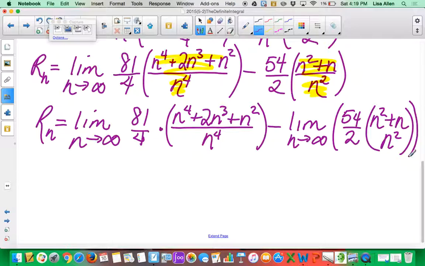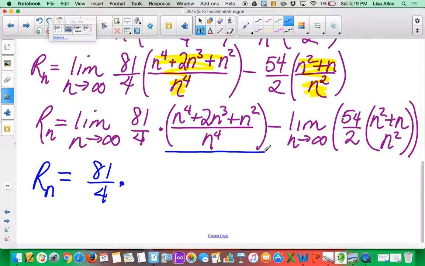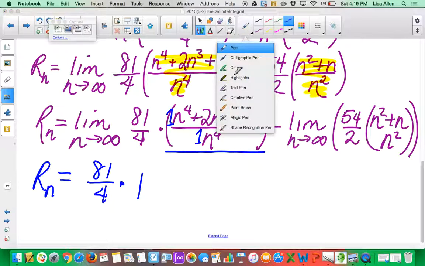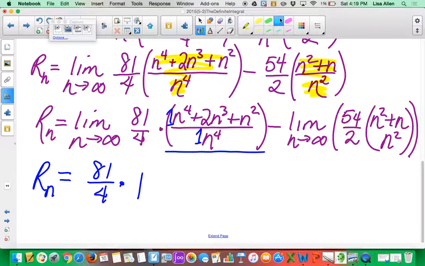So if I take the limit of these expressions, r sub n is equal to 81 over 4 times this limit. The limit of that is going to be just 1, because we look at the coefficients of our leading terms, and we've done enough work to know that it's the leading terms that are going to pretty much boss this expression.